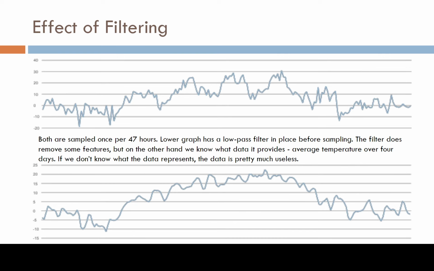The lower graph has a digital low pass filter before sampling. The filter actually averages the data. So you cannot see anymore the daily variation, since this filtering has smoothed them out.